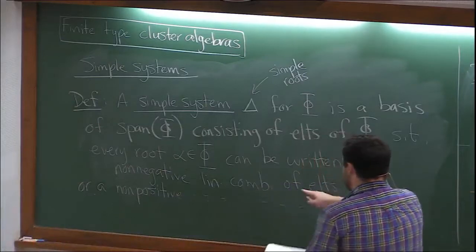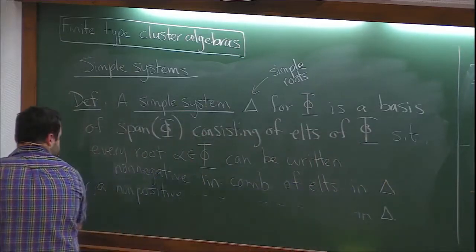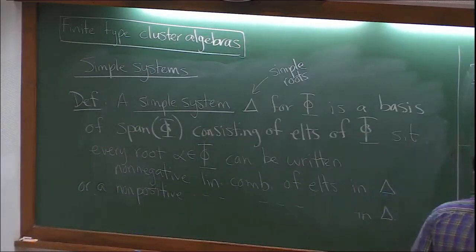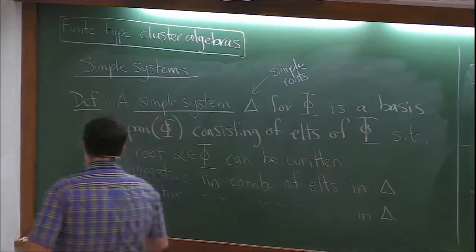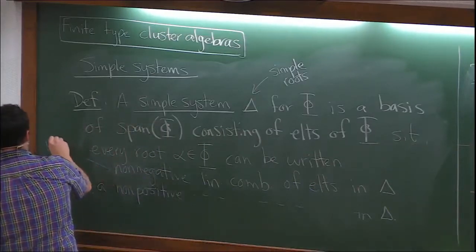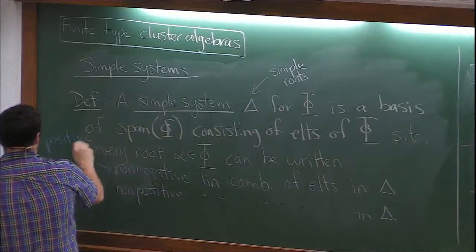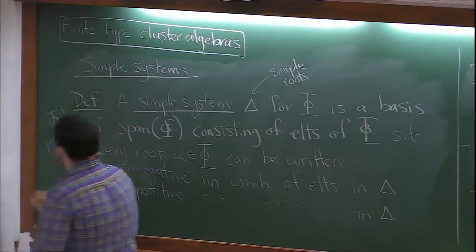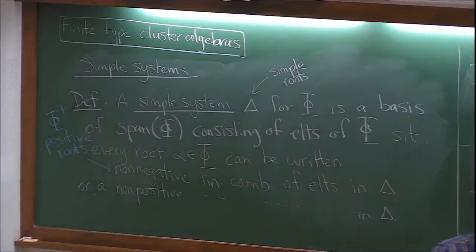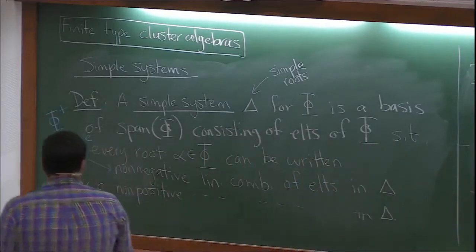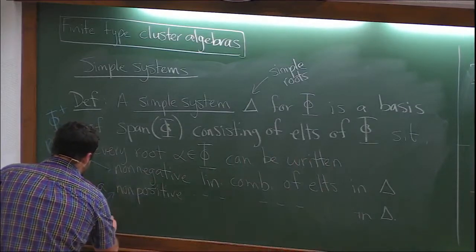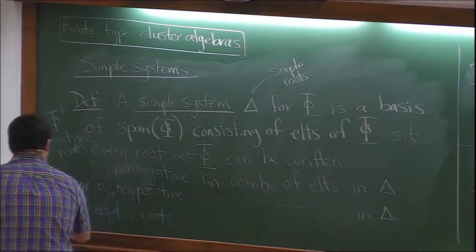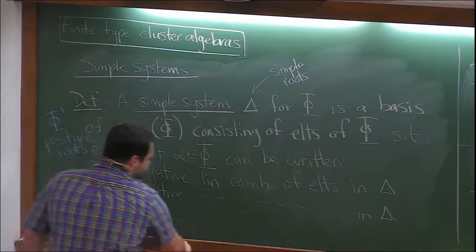So these are called positive roots, and we write the set of them as phi superscript plus. And these are called negative roots, and we write this as phi superscript minus.